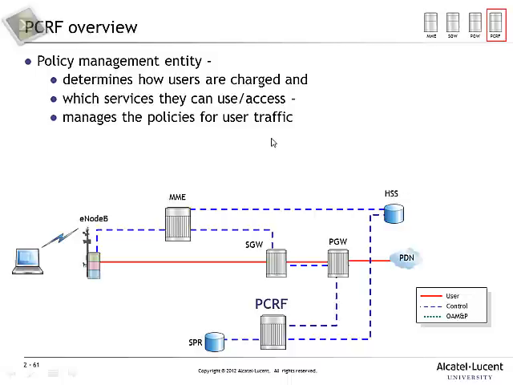You could have different users being charged differently for the same service, depending on the quality of service. For example, you could have a gold class subscriber, whose packets are always given higher priority than a bronze class user, and so they need to be charged higher for providing that priority in the network.